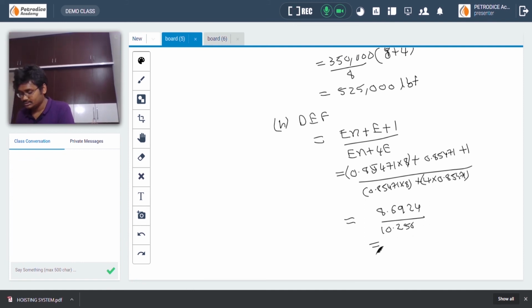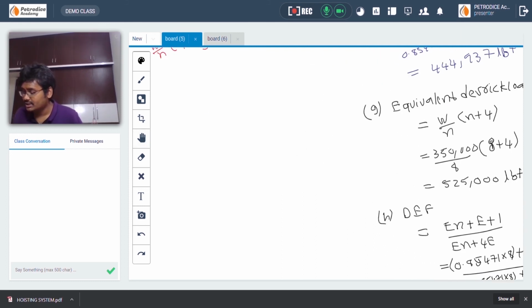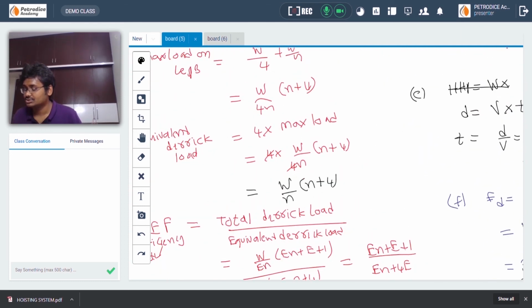Divided, that is 0.84652 is the derrick efficiency factor. Okay, we have calculated the derrick efficiency factor. Let us see what the next questions are.